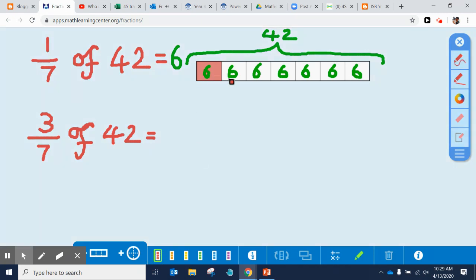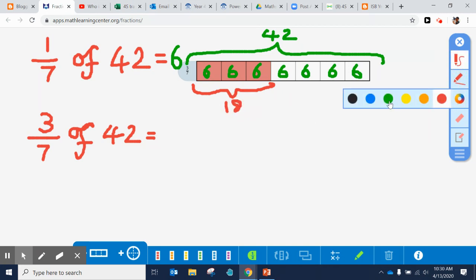So we've already coloured in 1/7. Let's colour in 2, 3. You can see I've coloured in 3/7 there. And there are 3 6s. That's 6, 12, 18. I'm just going to annotate that to show you that 3/7 of 42 is 18.